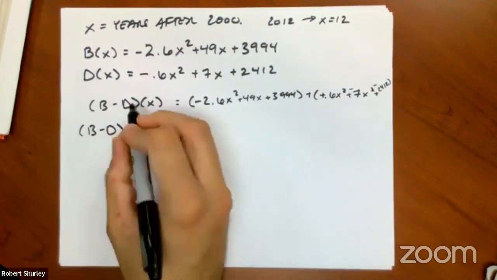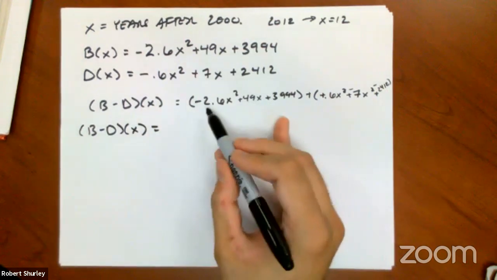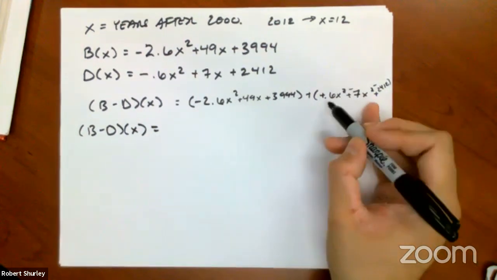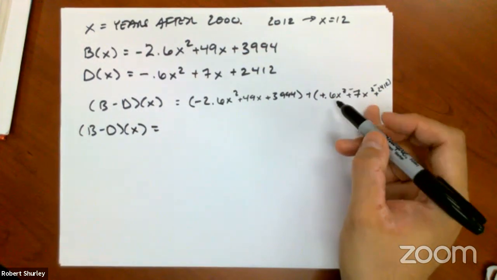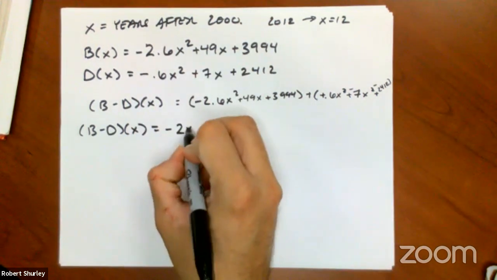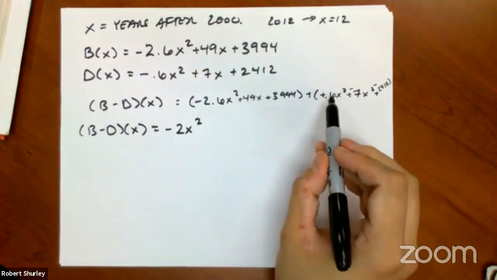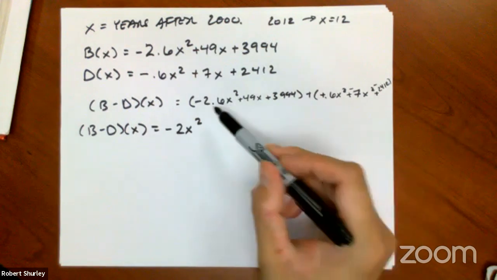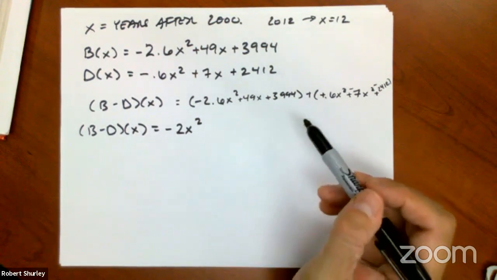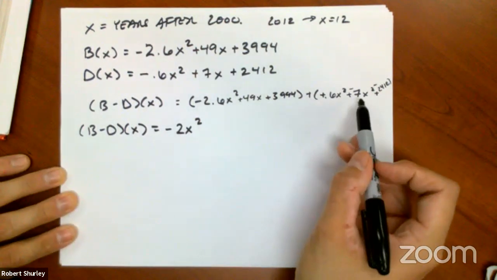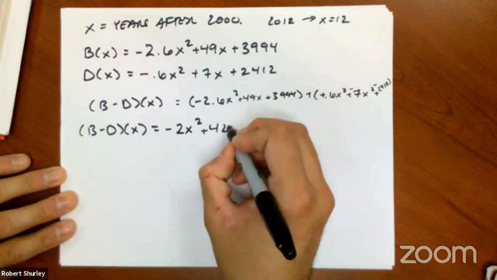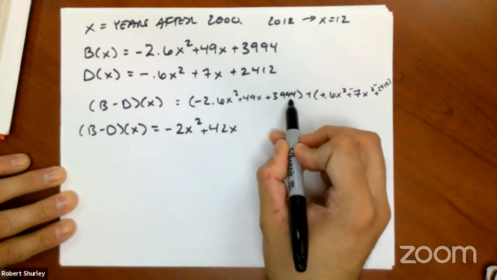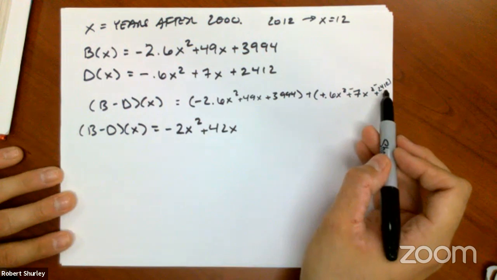So my difference equation would be negative 2.6X squared plus 0.6X squared, so that's going to be negative 2X squared. Then 49X minus 7X, so that's going to be 42X. Then 3994 minus 2412.